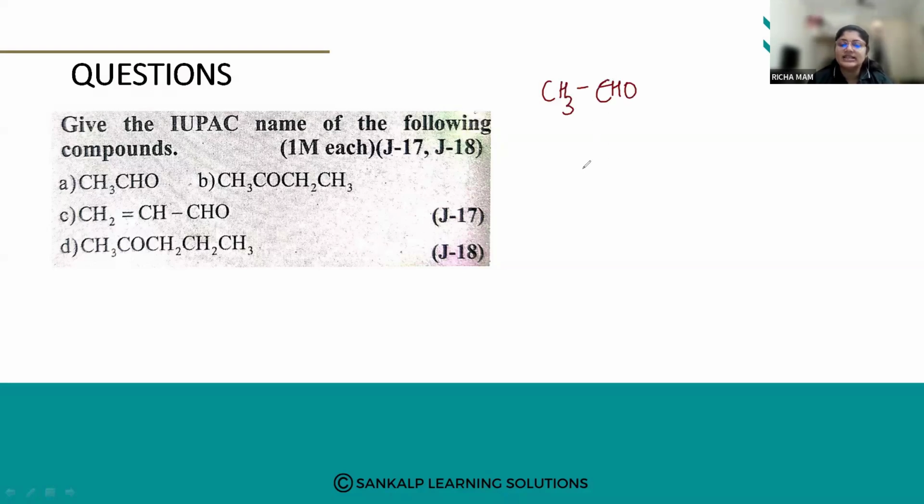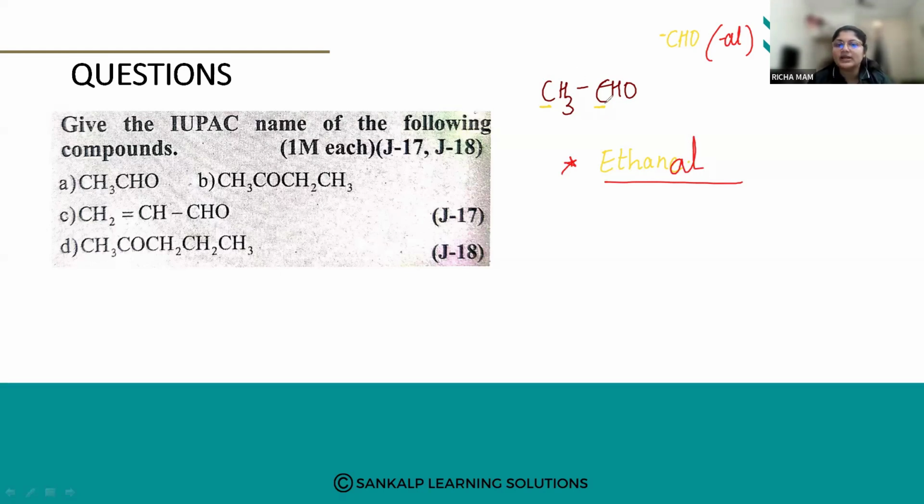First count the number of carbon atoms. There are 2, so it is ethane. CHO has the suffix al, so the e will be replaced by al. So the first compound is ethanal.